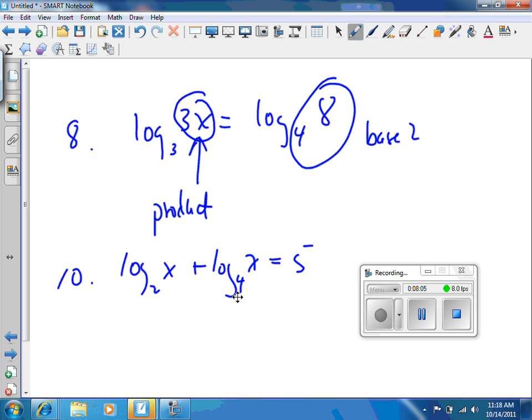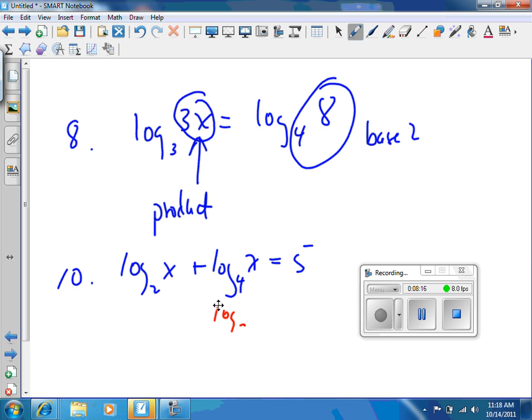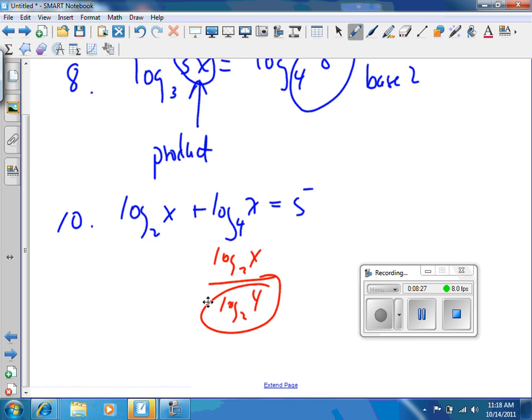See, the more you play with these, the more you'll see that that's a helpful thing. Like if I go to base 2, this particular expression right here becomes log base 2 of x. That's nice for this, right? And then it's over log base 2 of 4. And log base 2 of 4 can be replaced with 2.